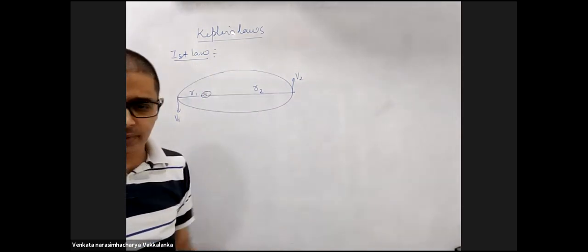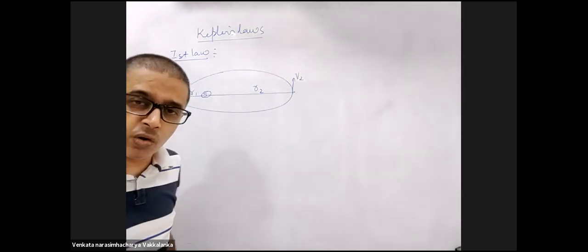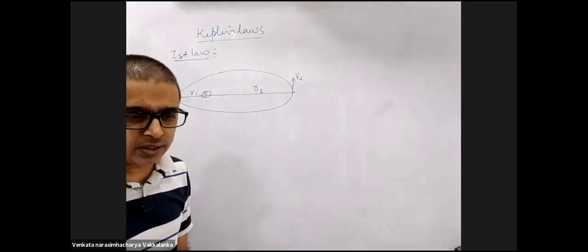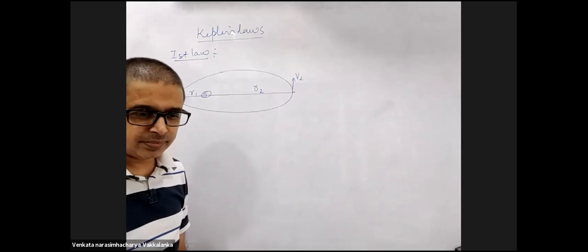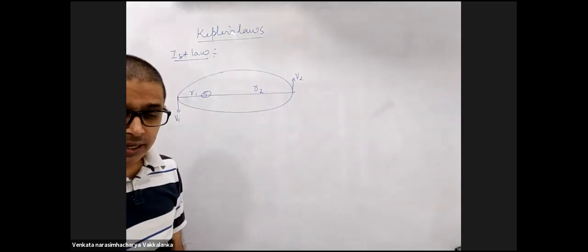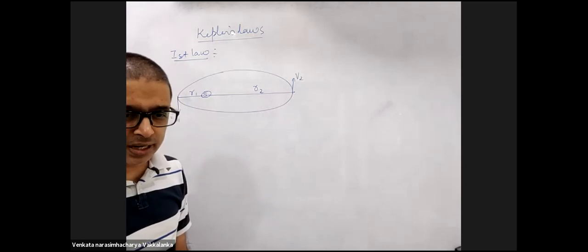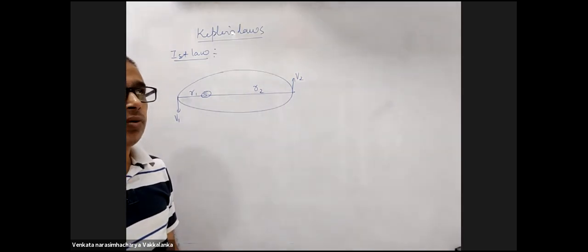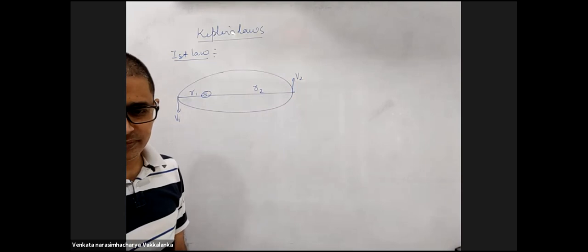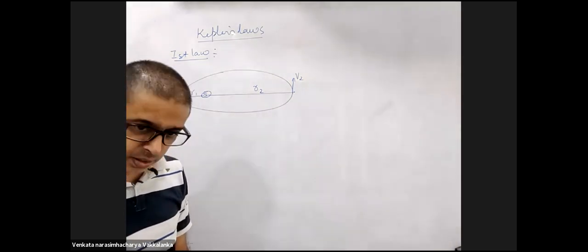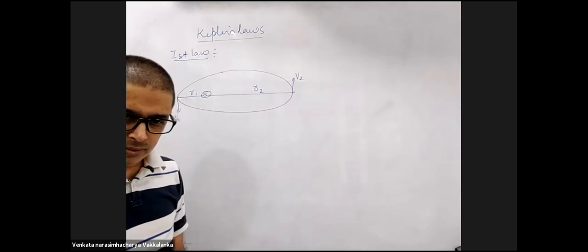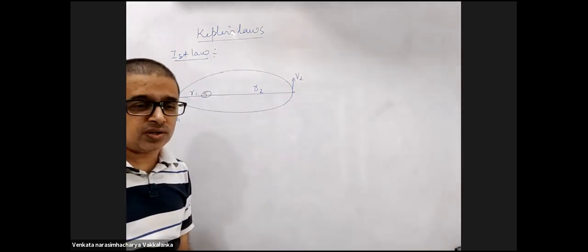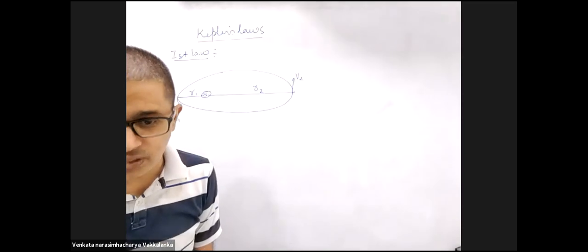Every planet goes around the sun in an elliptical orbit with sun as one of its foci.